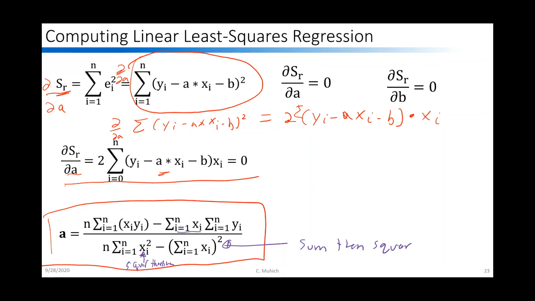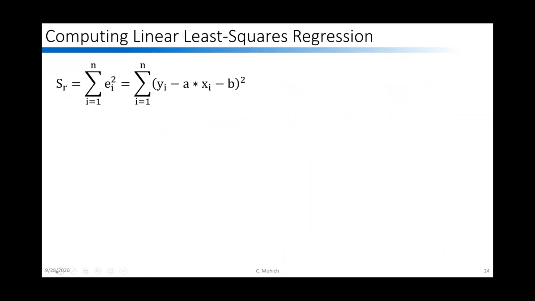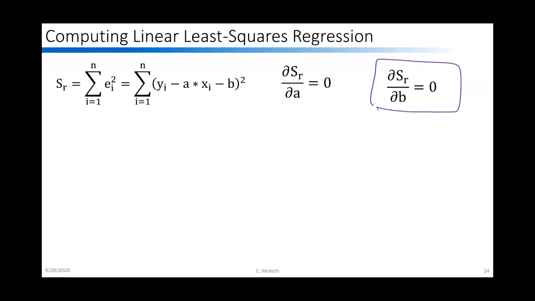Okay. So we're going to then do the same thing for our intercept. We're going to solve for that partial derivative here. So if I take partial SR, partial B, I once again pull that squared down.